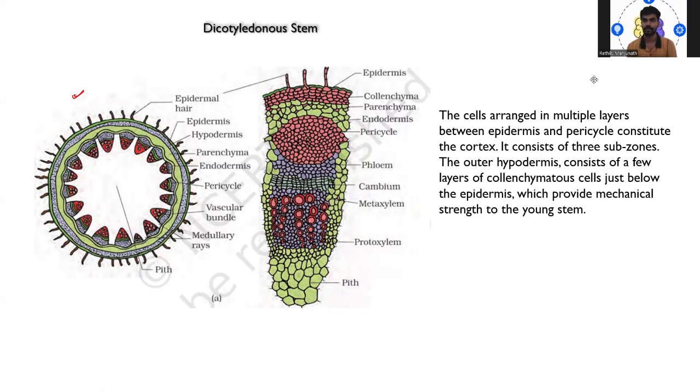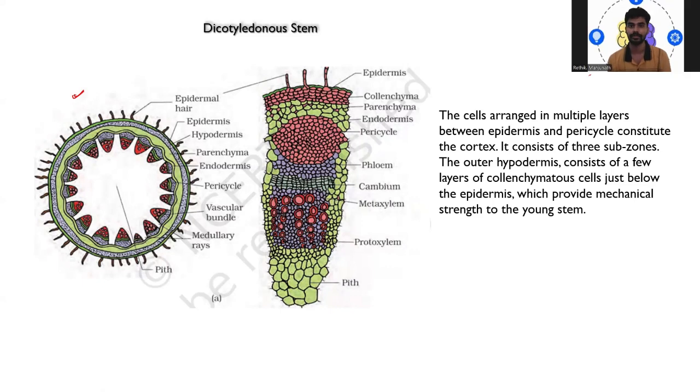Here you will see the outermost layer, that is the epidermis. Again, the outermost layer is actually the epidermis. If you just consider this specific part out of the complete structure, this is how the overview will be.